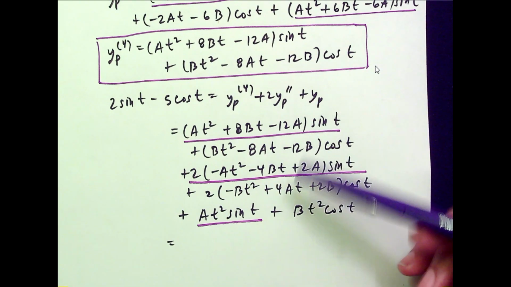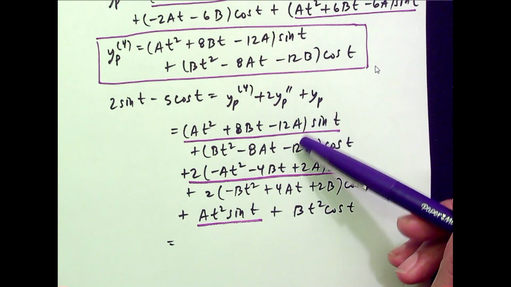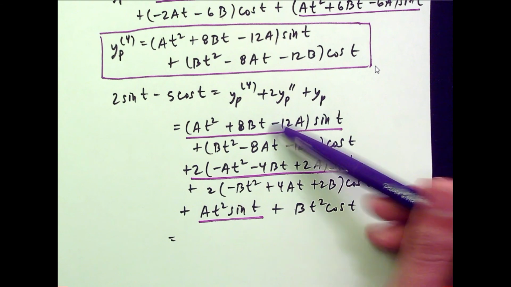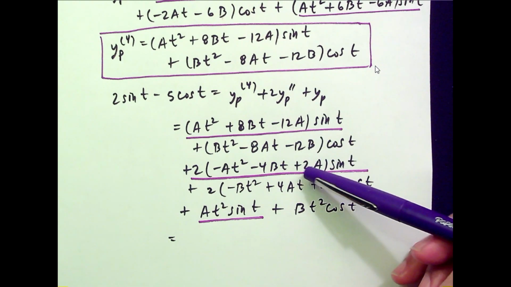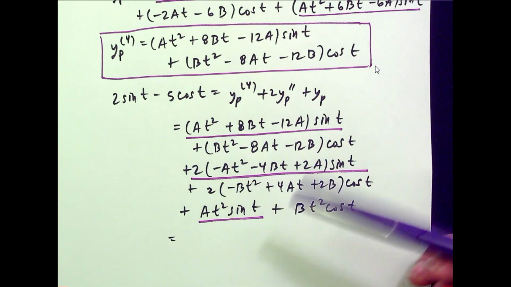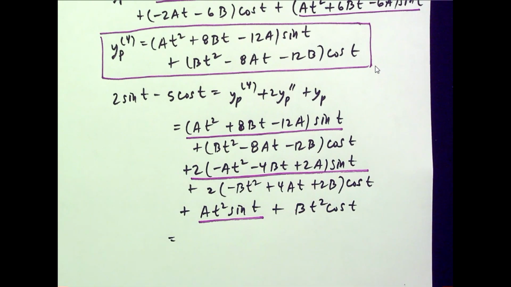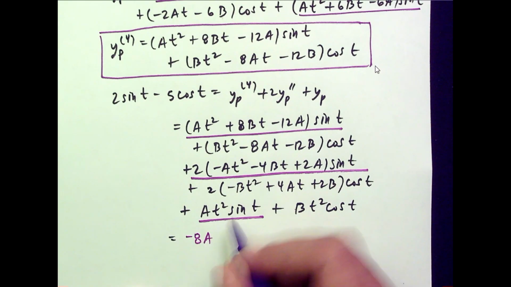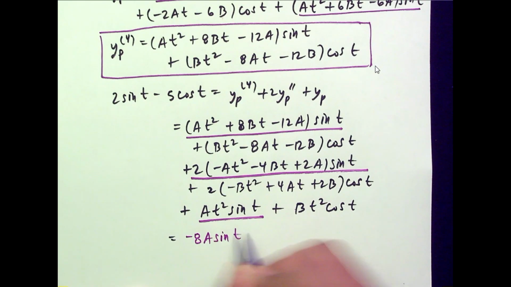And lastly, for the constant terms that have sine of t, you get negative 12a and 2a, but that's multiplied by 2, so that's 4a, and that is it. So negative 12a and positive 4a is negative 8a. So you get negative 8a sine of t.